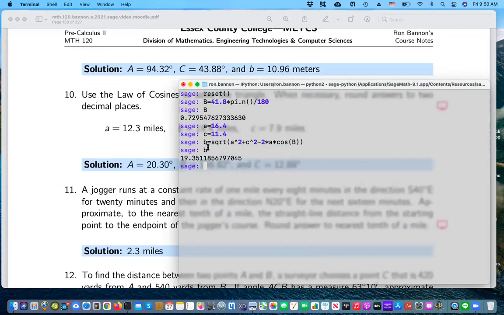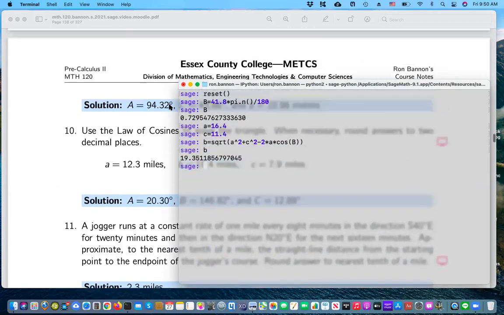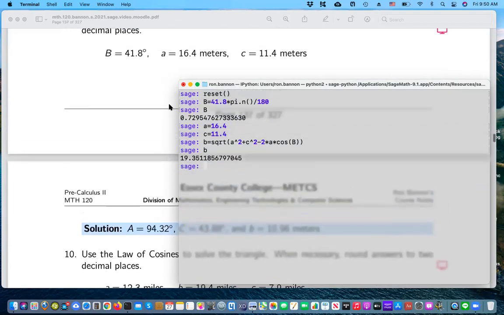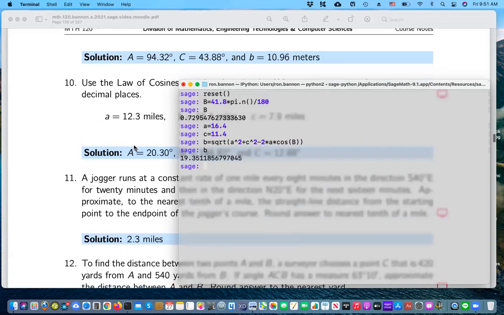boy, I think I made a mistake somewhere. And I've got to look at it, which is good. Did I put down B, 41.8? Pi, yep. Did I put down 16.4, 11.4? Square root A squared plus C squared minus 2AC cosine B. And then B, that's a weird one.